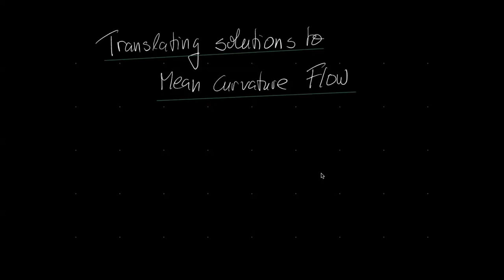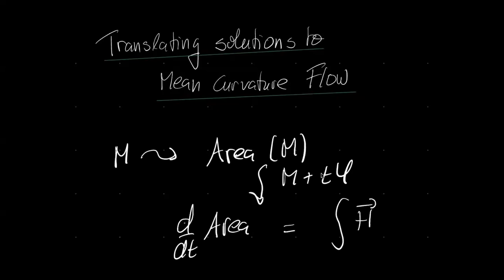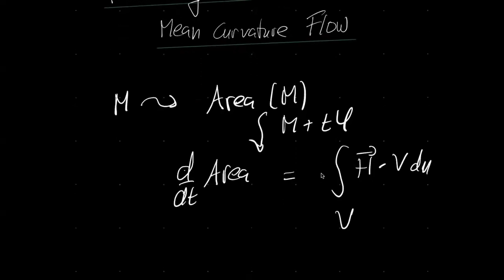As I was saying, you have a surface M, and then you compute the area of this surface M. If you take the first variation of that, so if you take M plus t times some variation of that, what you get when you take the derivative of the area is the mean curvature vector times V, dμ, where V here is the derivative of φ_t.